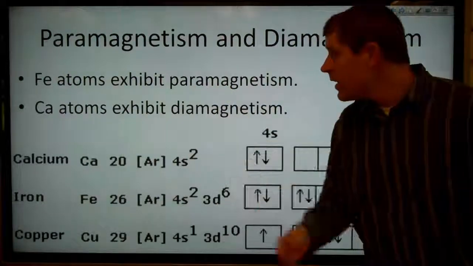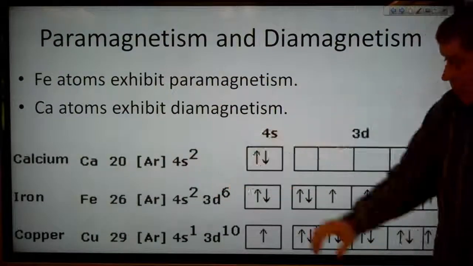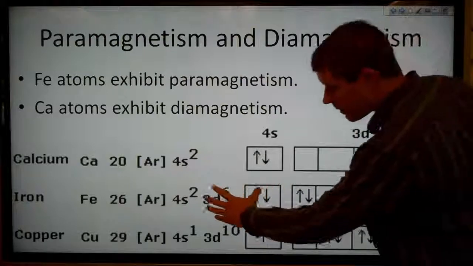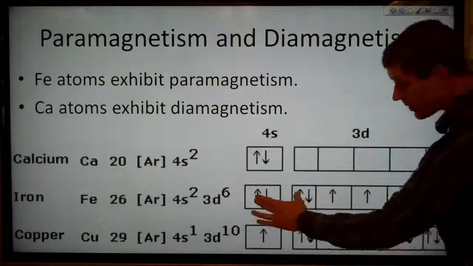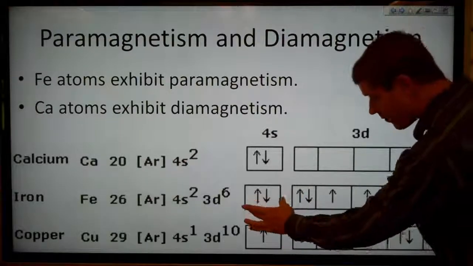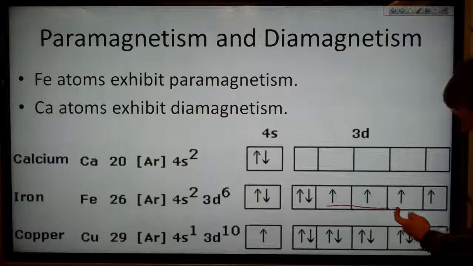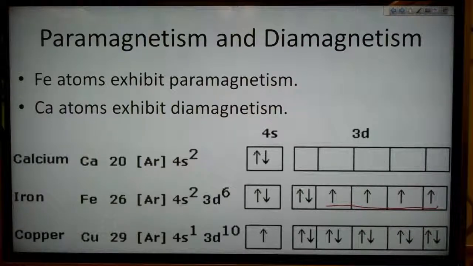So iron exhibits paramagnetism because, as I said, now I'm leaving off the core electrons, but here we see iron has an electron configuration that ends in 4s2, 3d6, which means we have 4 electrons here that are unpaired.